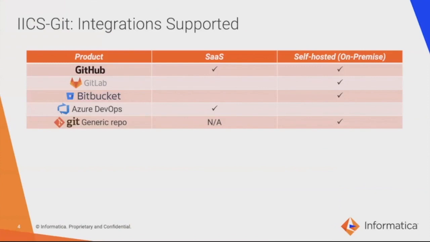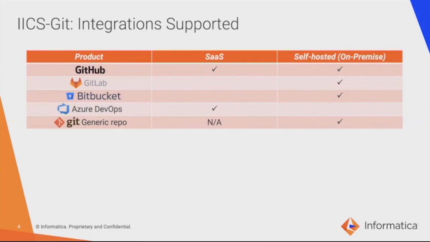There are different Git flavors that you might be using, which could be GitHub, GitLab, Bitbucket, or Azure DevOps, and so on. Or you could just use a standalone Git repository, which is just a hosted Git repository in your own data center. From a SaaS perspective, if you have your repository hosted in the GitHub SaaS offering or Azure DevOps, you will have out-of-the-box Git integration in IICS.